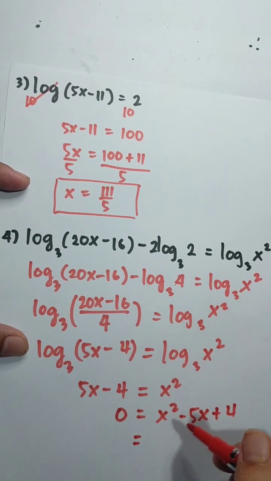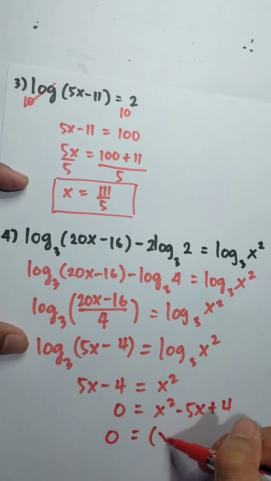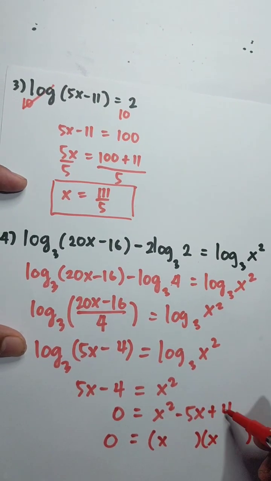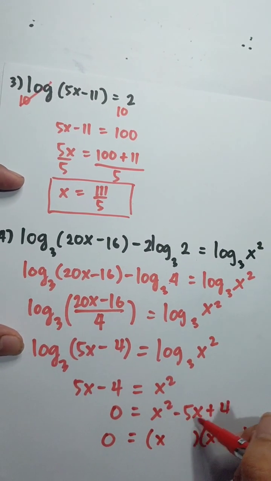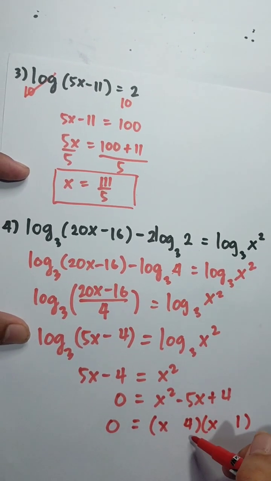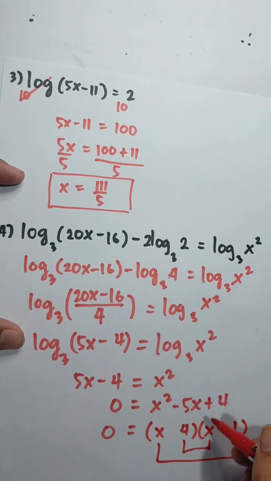And let's factor this out. Okay, for 4, the factors that give us 5 could be 4 and 1. Now let's find out the signs using the FOIL method.